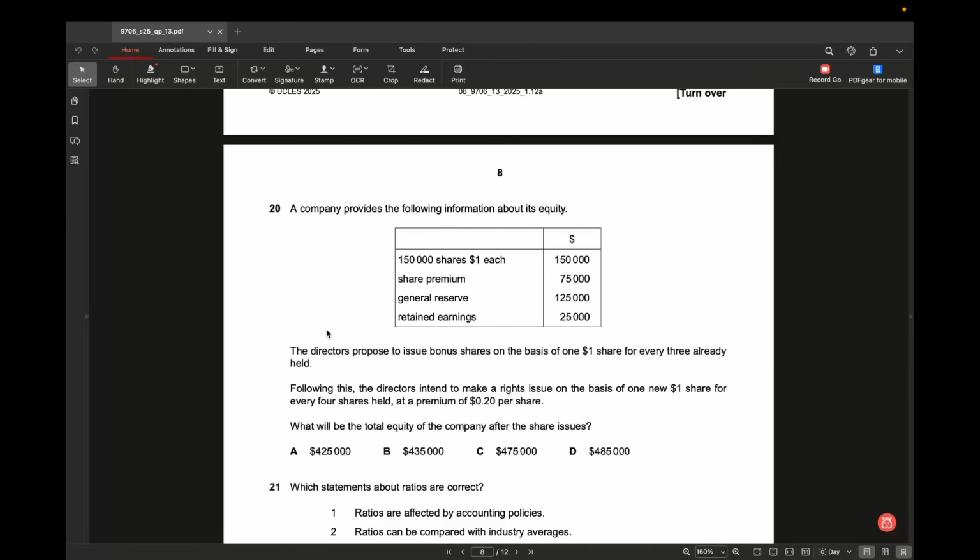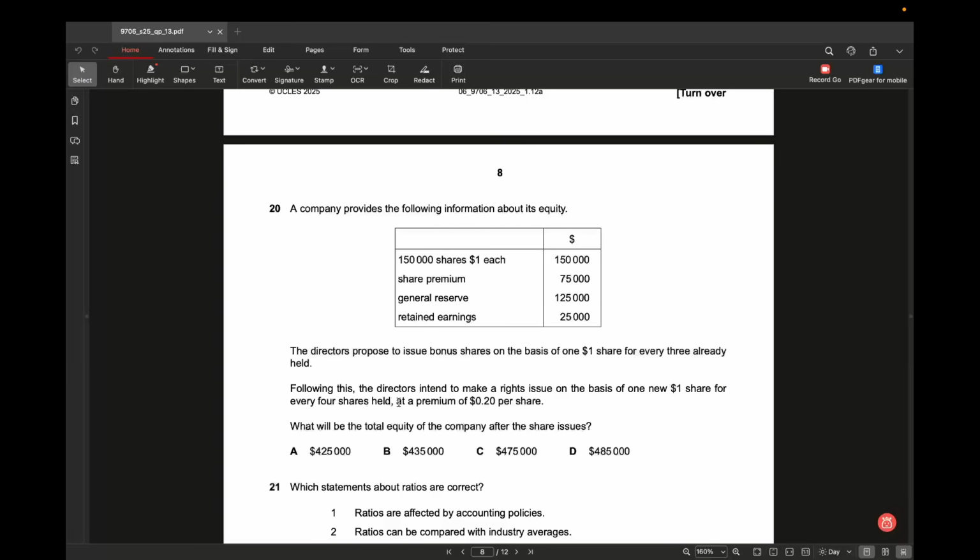And question number 20. A company provides the following information about its equity: 150,000 shares of $1 each, 150,000. Then share premium 75,000, general reserve 125,000, retained earnings 25,000. The director proposed to issue bonus shares on the basis of 1 share for every 3 already held.